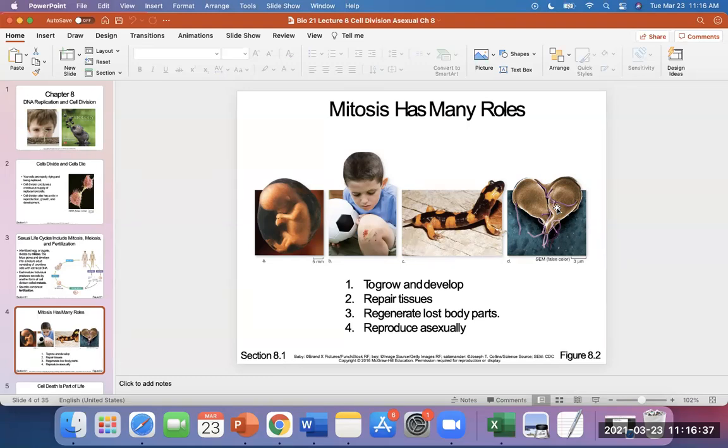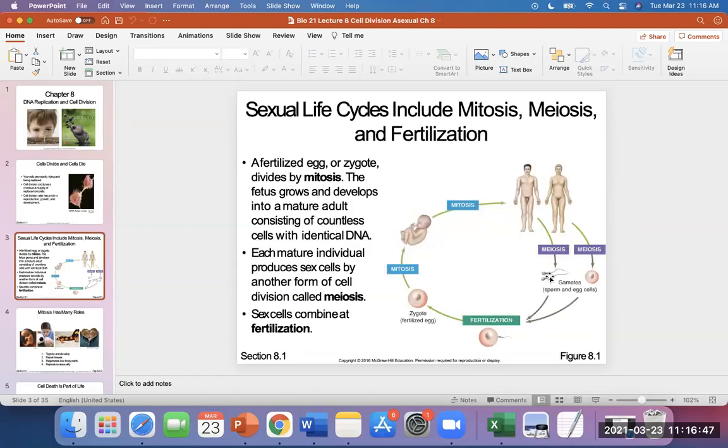I did a table for you guys. I want you to kind of go back. I compared mitosis, binary fission, and meiosis. And like George said, meiosis is referring to gametes and egg cells. So gametes are sperm and egg cells. If I were to ask you the location for the gametes, can you tell me for male and female?